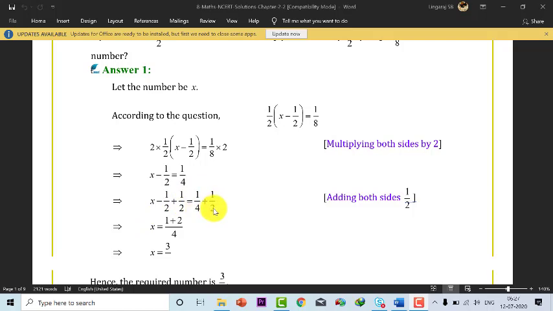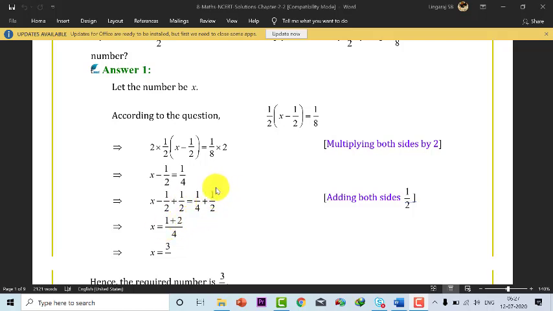Here 4 and 2 are the denominators, so 4 is the LCM of those two. 4 into 1 is 4, and 2 twos are 4, so we multiply this numerator by 2, because 2 into 2 will be 4. This 1 remains the same.